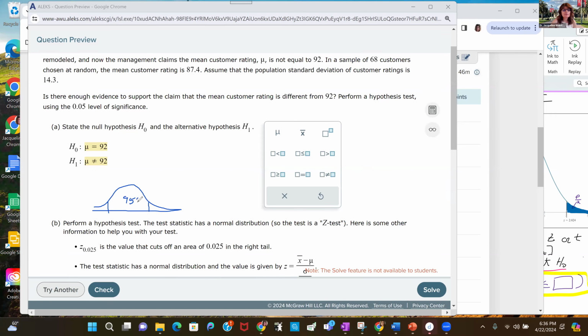So you've got 95% in the middle and 2.5% in each tail. This Z gives you the 0.025 in the right tail, as it says here.